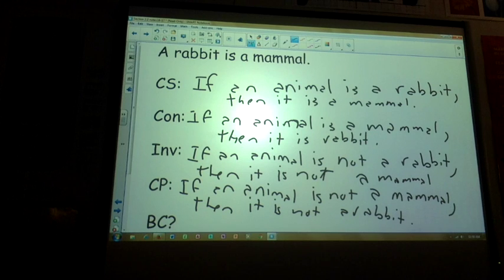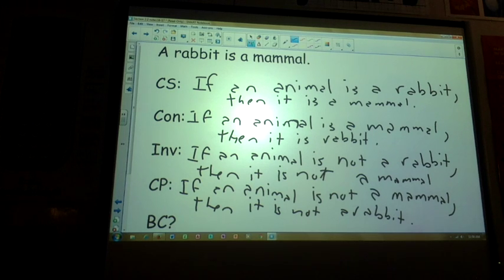Is this a biconditional statement? Are all four statements 100% true all the time? No, it is not a biconditional statement then. Biconditional means that the statement, the converse, the inverse, and the contrapositive are always true. It's the only time you can say if and only if.